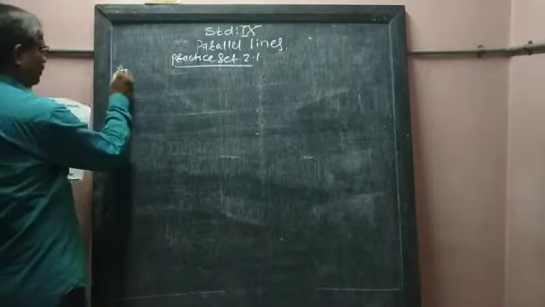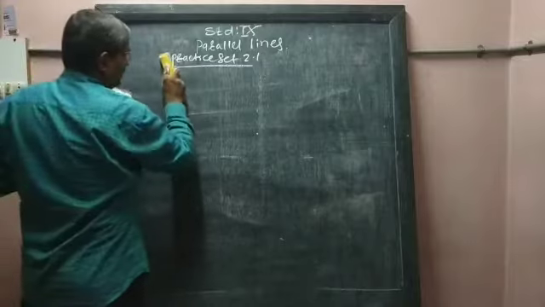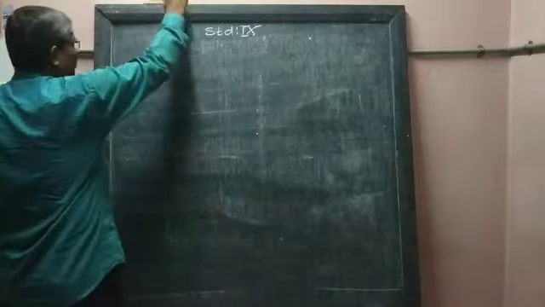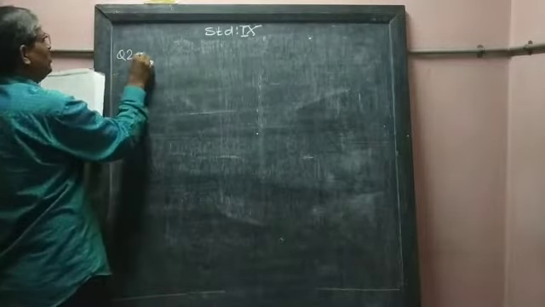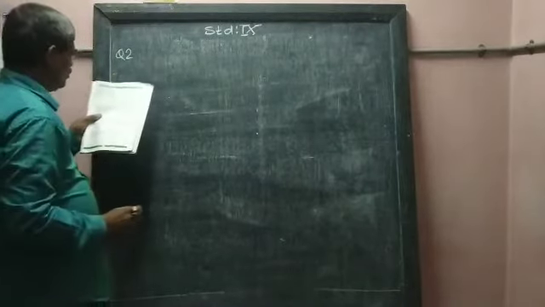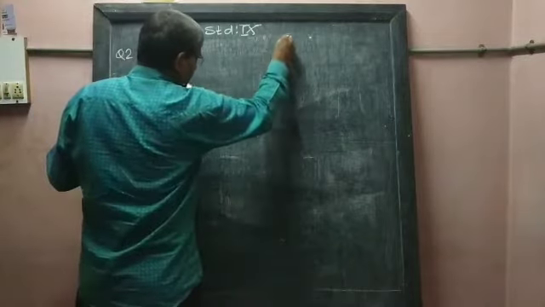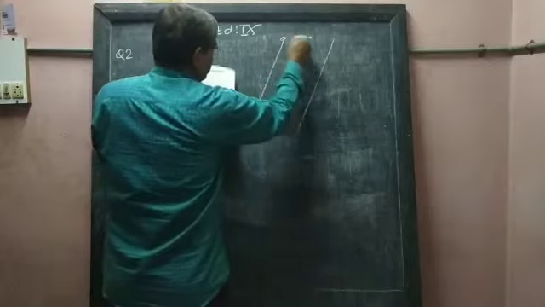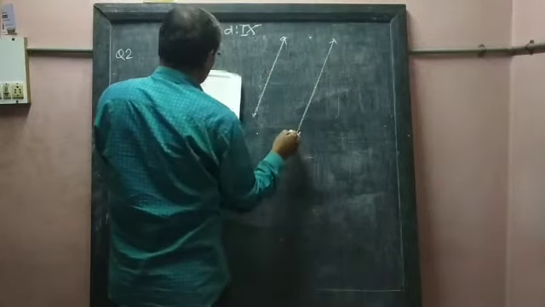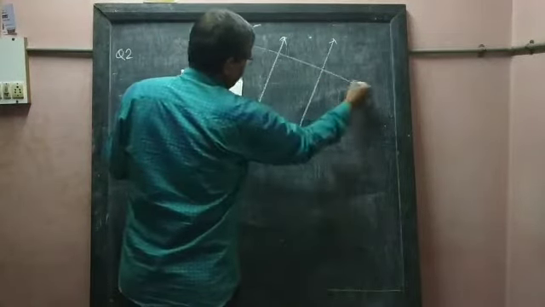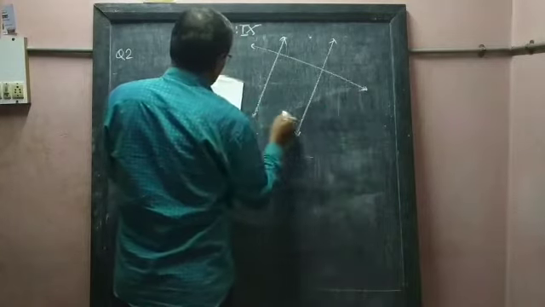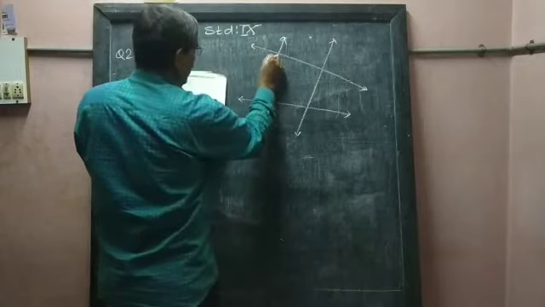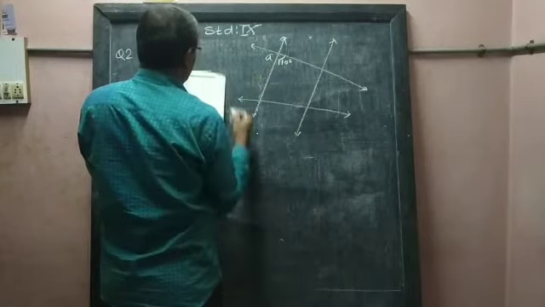Now question number 2. Here, I am going to erase this because I need more space. So question number 2. Look at question number 2, what is given? There is one nice diagram. A, here it is 110.